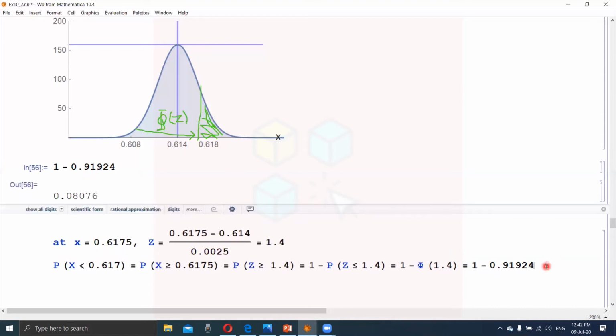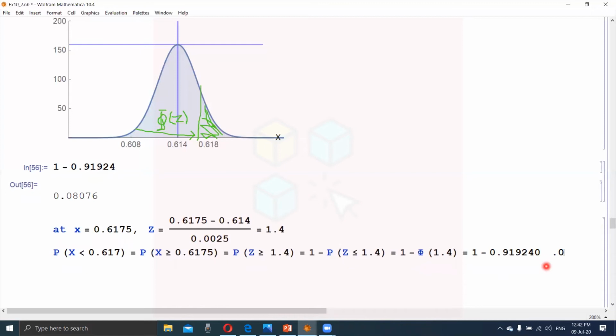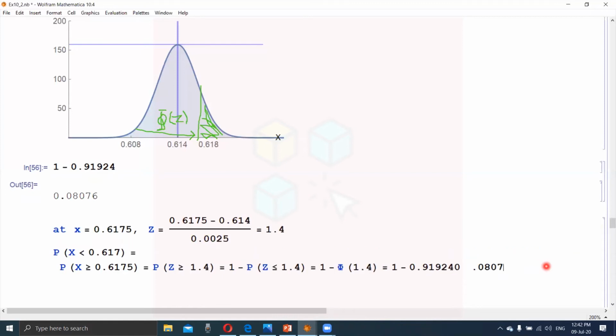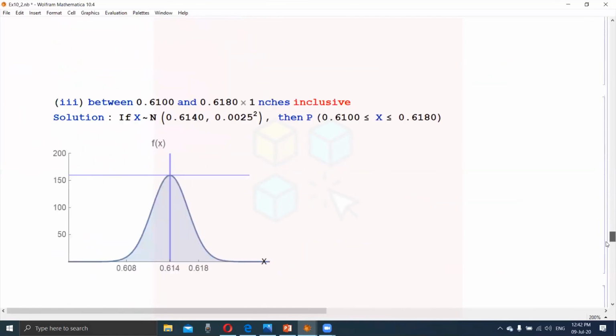So we will write it here, 0.08076. This is our answer for the probability x more than 0.617, and by applying the continuity correction, the answer is 0.08076.